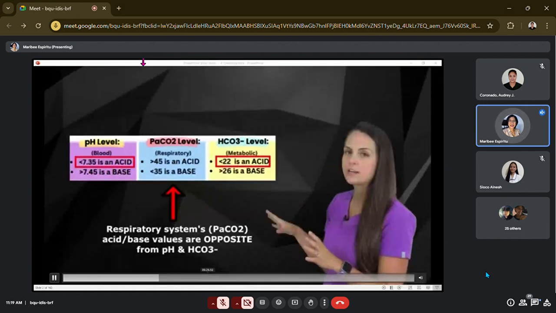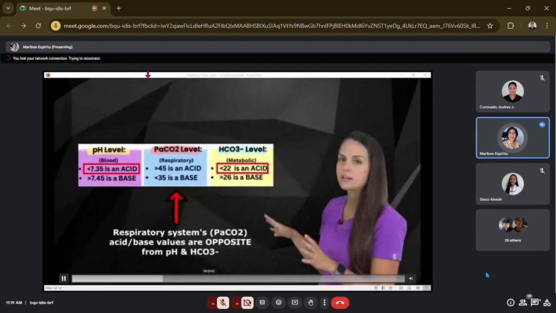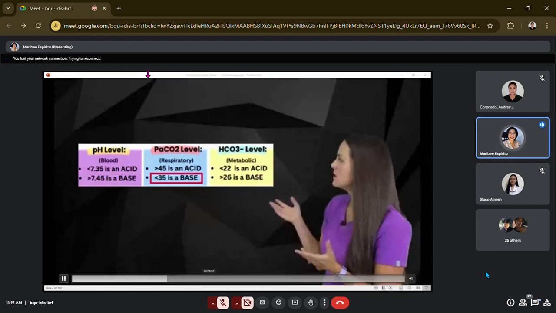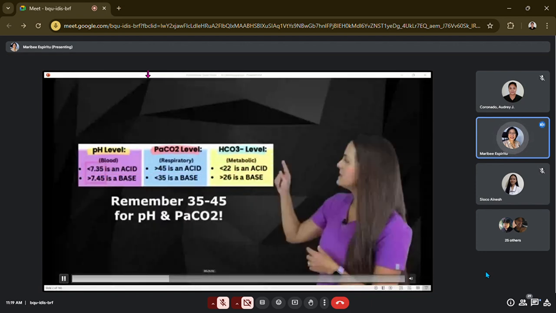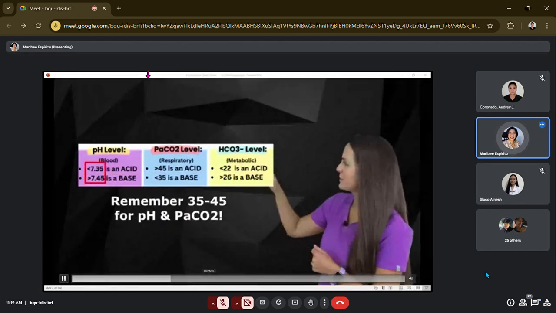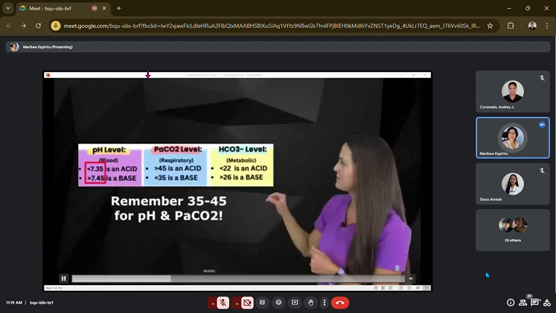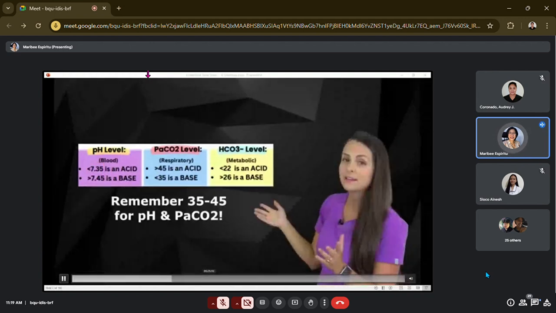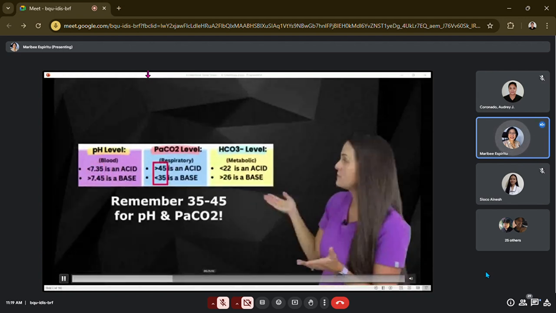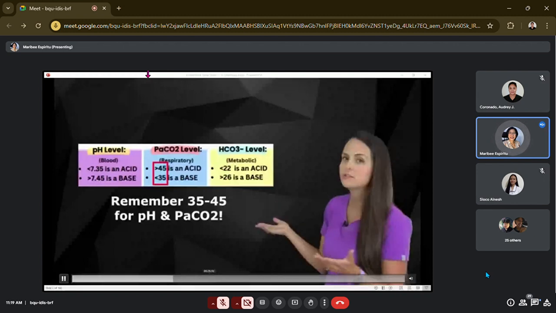But when we look at PaCO2, its low value, 35, is considered a base. Notice 7.45 is a normal pH. See the 35 and the 45? And remember for PaCO2 respiratory, it's 35 to 45. That's its normal. So if you remember those two numbers, you've just memorized two values.